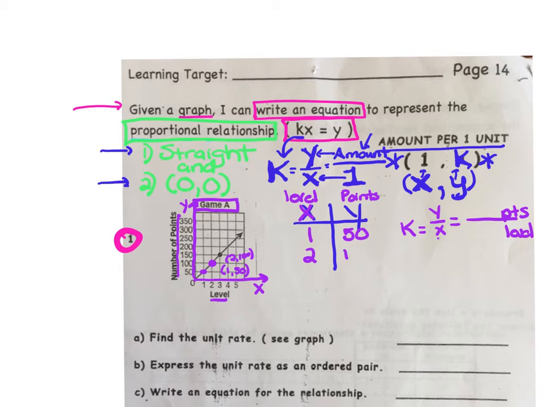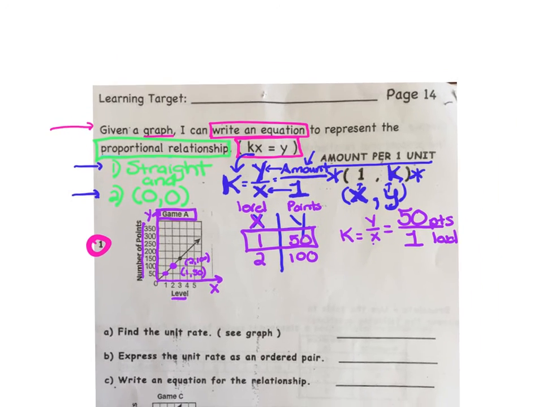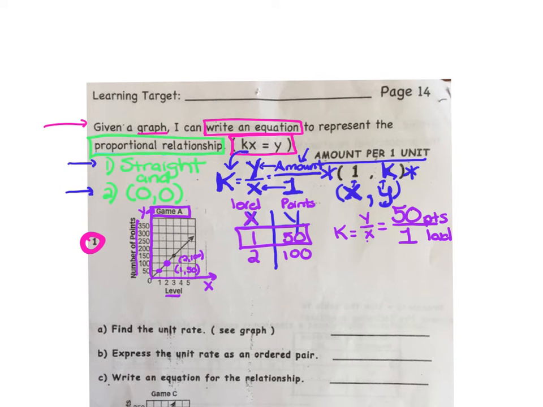Level 2, 100 points. Now let's take this first ordered pair and write it as a ratio. Y goes on top, 50 points for every one level. If you divide that, what do you get? Well, you get a K rate. 50 divided by 1 gives you a constant of proportionality of 50.